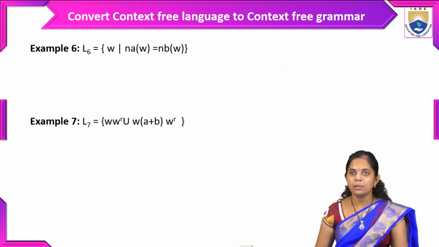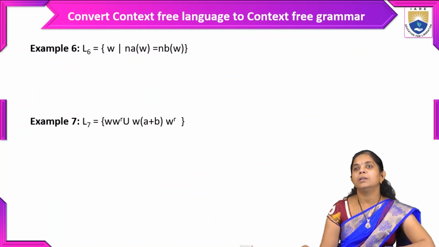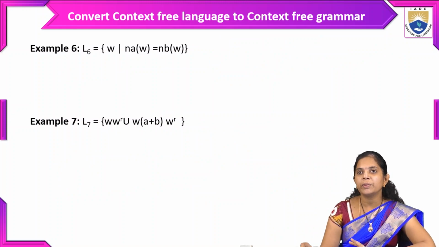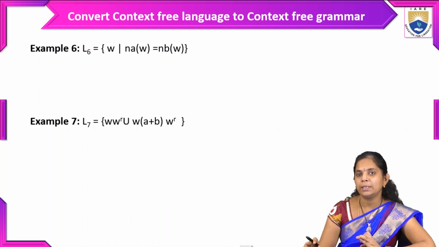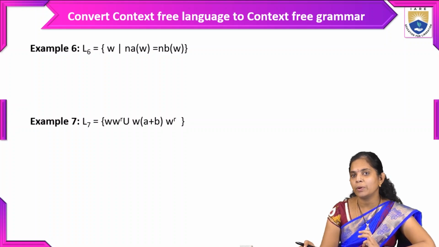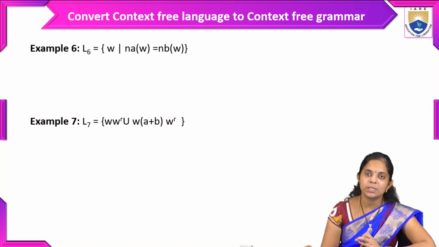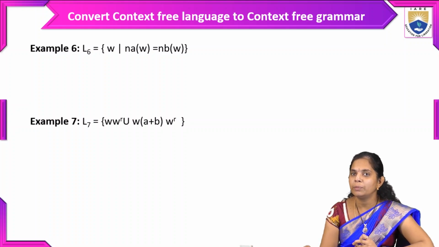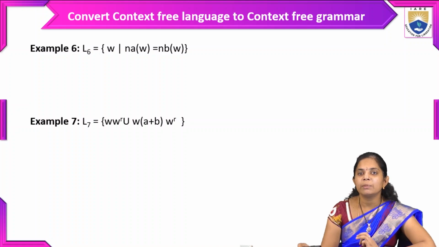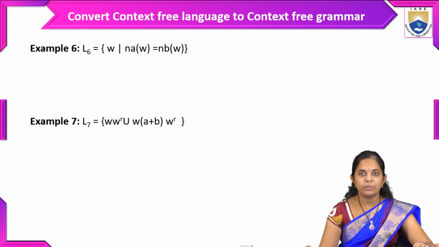So this is one example, and till now we have combinations of A power n and B power n, and here it is not only going to start with A and be followed by B kind of thing. So we have given the language called W, and it is also a choice of A power n and (A plus B) whole star kind of thing. So (A plus B) whole star means it is going to either start with A or B and end with A or B, and the number of A's can be repeated multiple times and the number of B's can be repeated, a combination of A-B combinations.